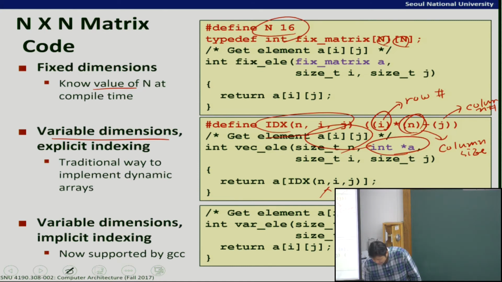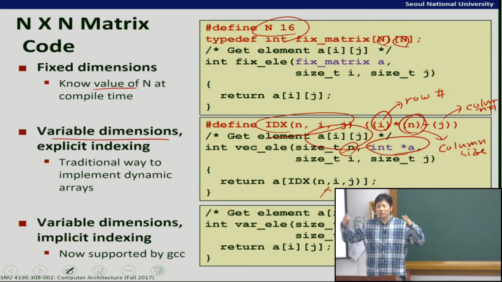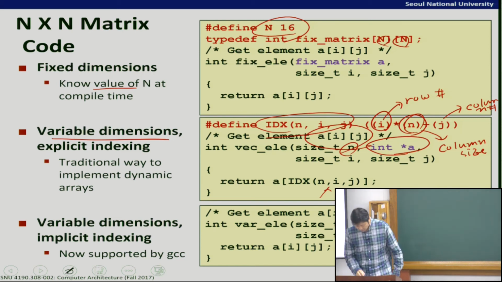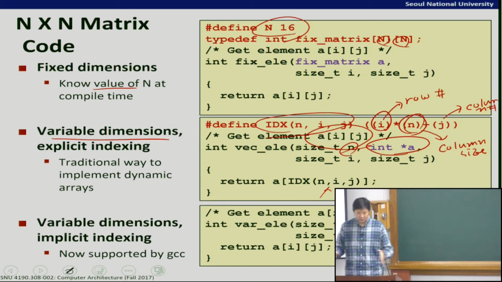Okay, and n is variable here. So n is determined at runtime. It can be 16, could be 30, could be 256. It's determined at runtime, when you actually run the program. So this is a very traditional way to implement dynamic arrays. Dynamic arrays, basically, you declare this array at runtime, not at compile time.